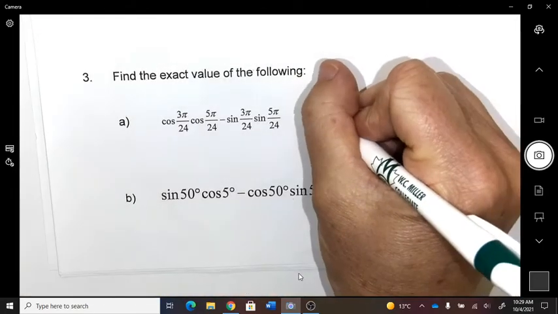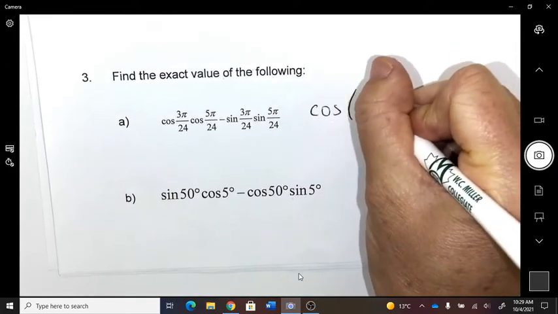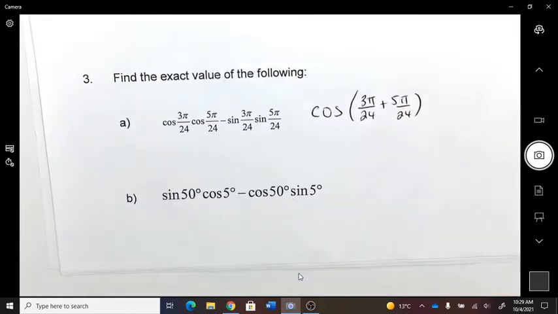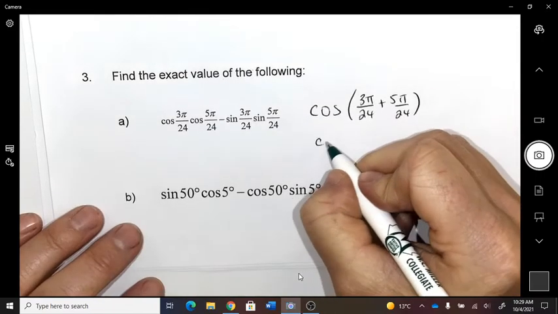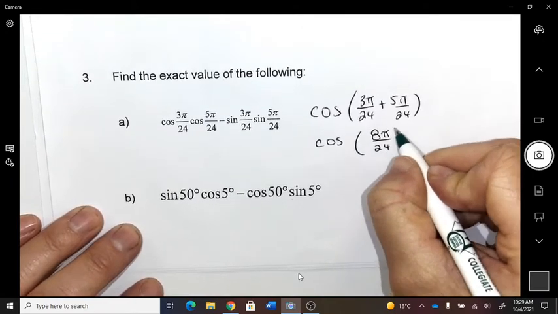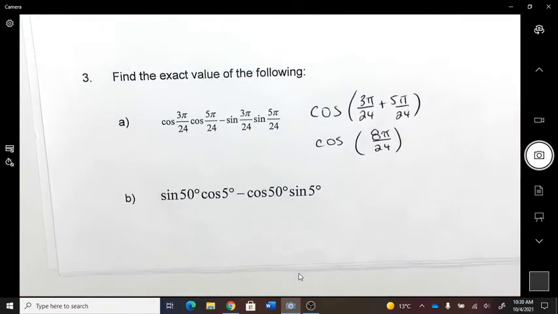The cosine of the add. Okay, cosine of adding. So now I'm going to add that, and it's 8 pi over 24. Okay, can you reduce 8 and 24? That would reduce.